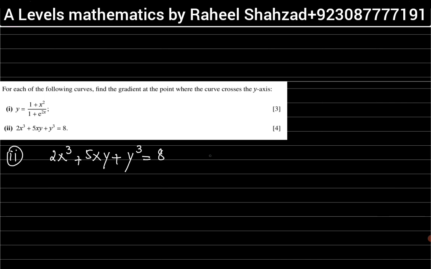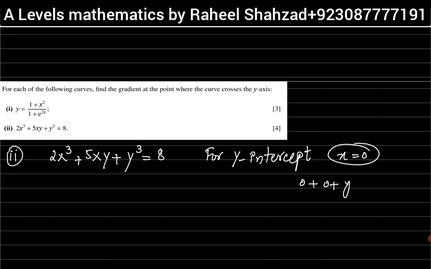And for y-intercept we have to put x 0, right? So in this equation, if you put x 0, we are left with 0 plus y cube is equal to 8. That makes it y is equal to 2. So point is 0 and 2, right?